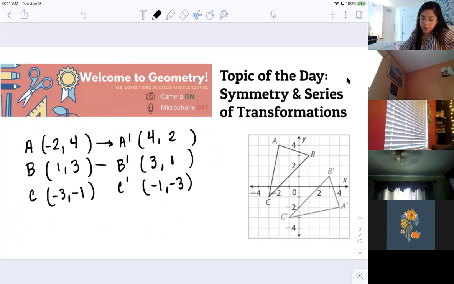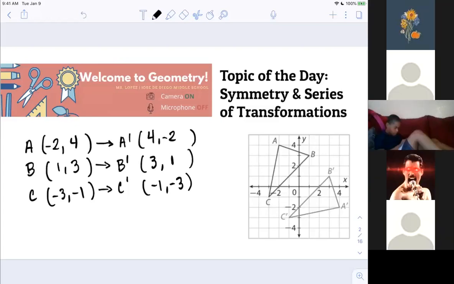How did I go from A to A prime, B to B prime, C to C prime? Tell me in words.